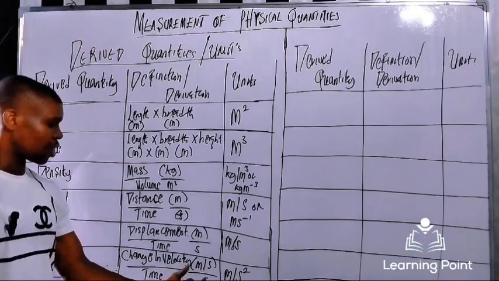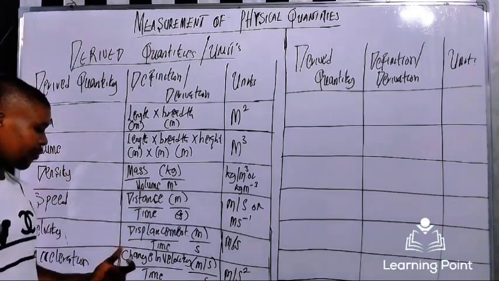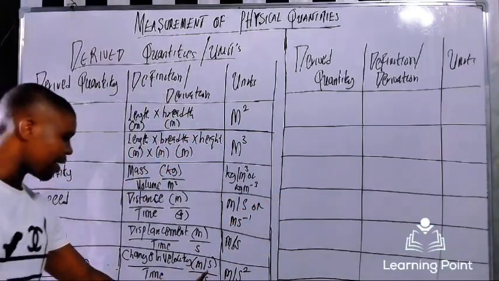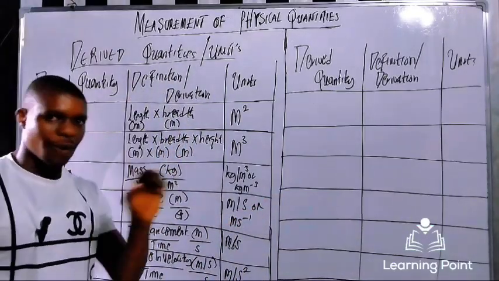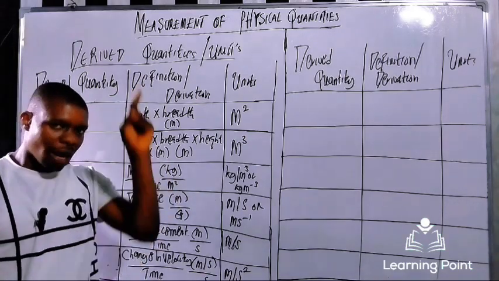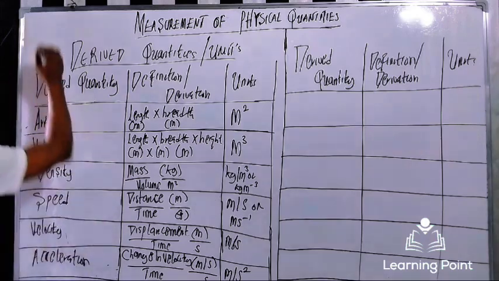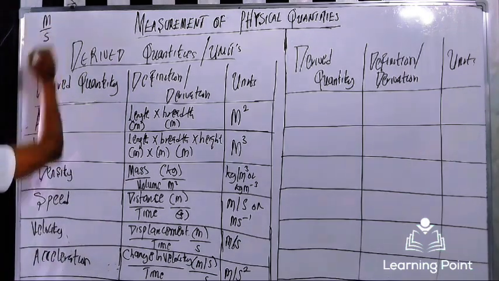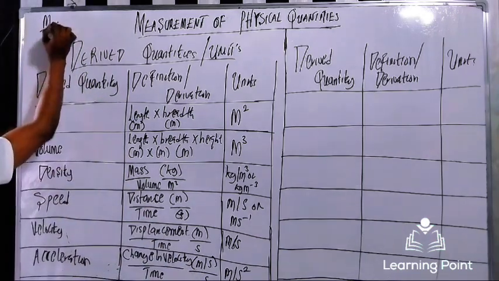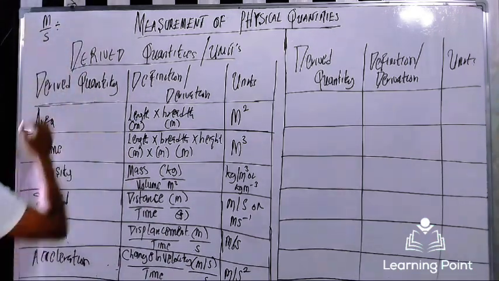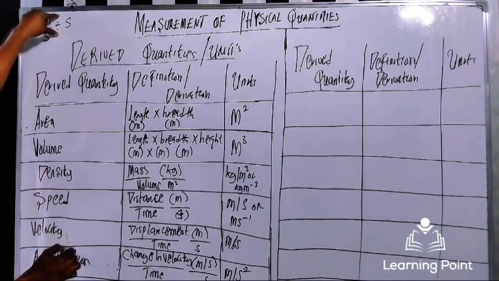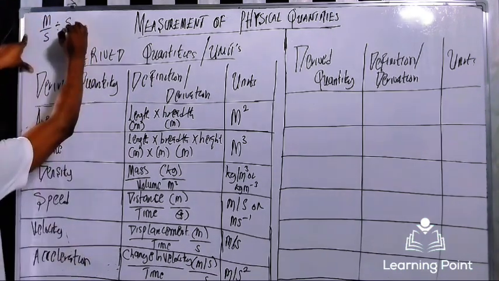So now let me break that down for you so you understand. For those of you who don't understand this here, meter per second also is said as m divided by seconds, so it will be meter over seconds. Now this division, if you change it to times, the seconds will go down because here we have 1.